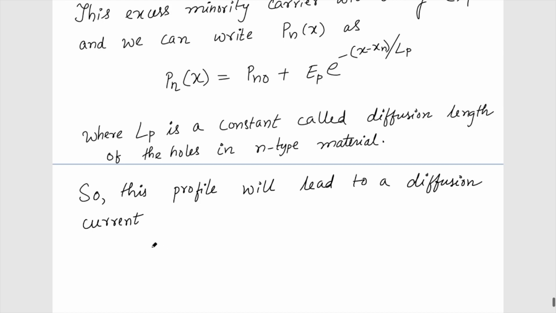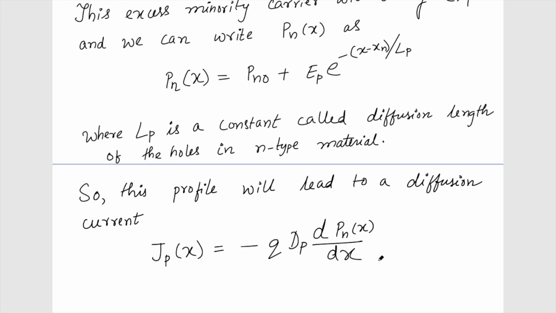The diffusion current density Jpx is given by minus q Dp dp(x) by dx. This is the standard formula which we have discussed for the diffusion current, with the diffusion constant, and we need to differentiate the profile of the change in the concentration of the carriers.